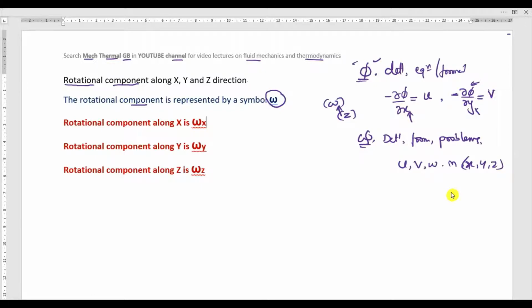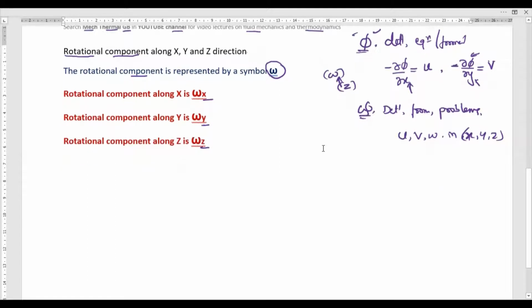So the rotational component along x direction is omega x, along y direction is omega y, and similarly in z direction is omega z. Now I will write an expression for these three components. What does rotational mean?